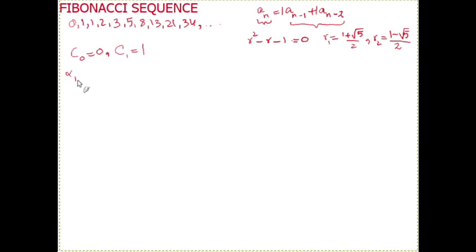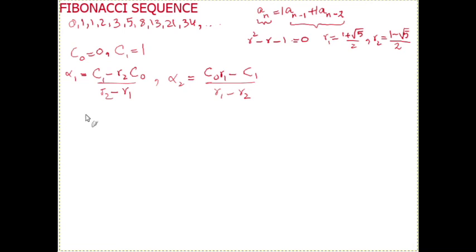And we have alpha 1 equal to C1 minus R2 C0 over R1 minus R2, and alpha 2 equal to C0 R1 minus C1 divided by R1 minus R2.